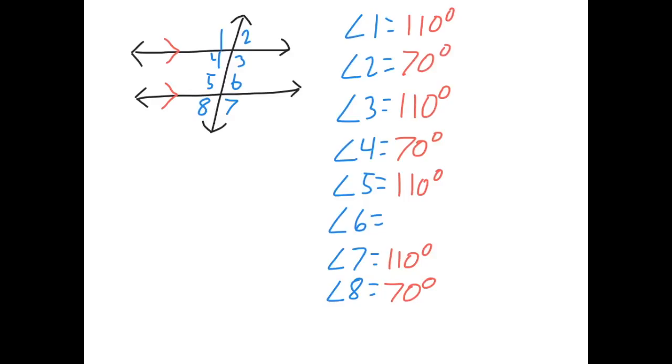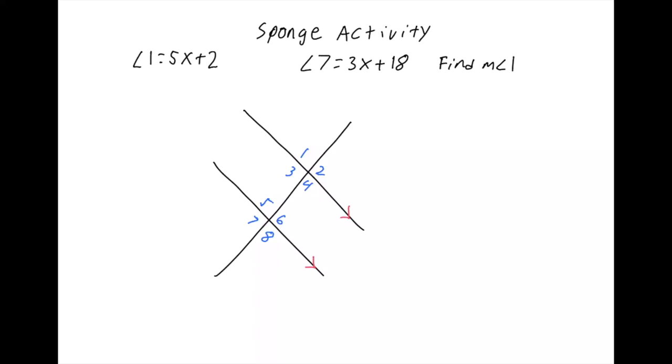And then, finally, the vertical angles again. Angle 8 is vertical angle to angle 6, so those are congruent. So those are also 70. And we just found all the angles. Notice, half of them are 110, half of them are 70.